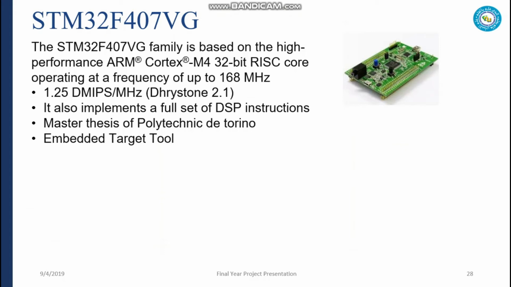Basically, this is the unit for measuring processing power as compared to the ARM7 machine, which means this processor is 1.25 times faster than that per megahertz. While reading its datasheet, we concluded that it also implements a full set of DSP instructions, but by the proof of the master's thesis of Politecnico di Torino, we are 100% confident that this microprocessor has the processing power which our algorithm requires.